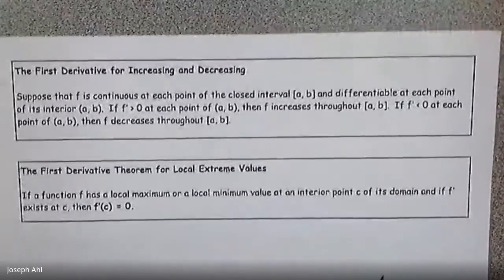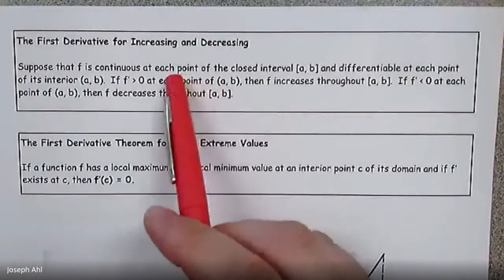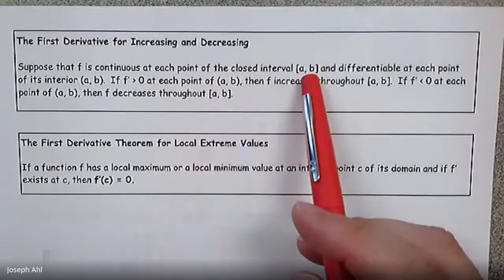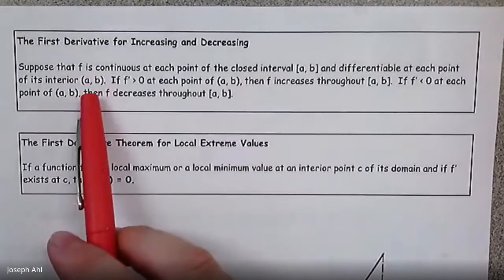Let's talk about what the first derivative tells us. It tells us a lot of things, actually. One of them is we can tell where a graph is increasing and decreasing. So if you read the definition, if f is continuous at each point of this closed interval and differentiable at each point on the interior.